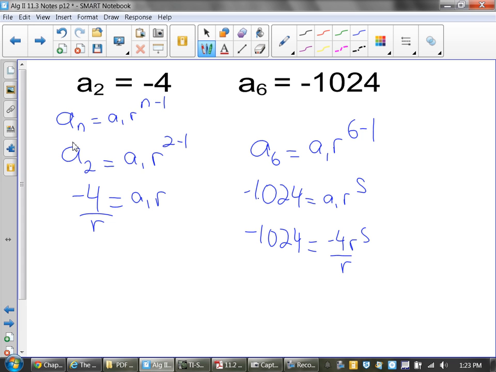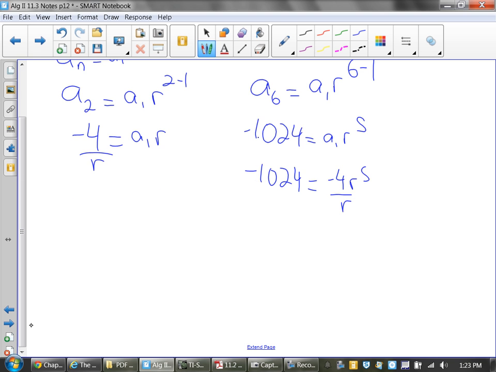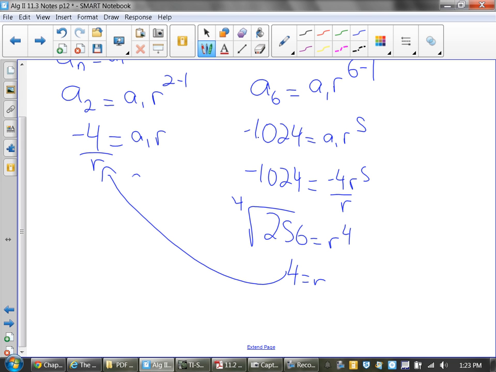When you divide it out, you probably forgot to bring the negative over. What's a negative divided by negative? Fourth root, what is it? No, it's 4. 4 is r. Your first term is negative 1. So your rule.